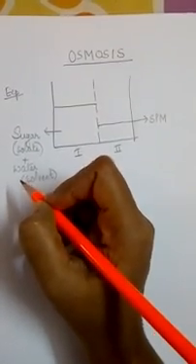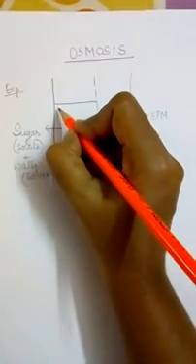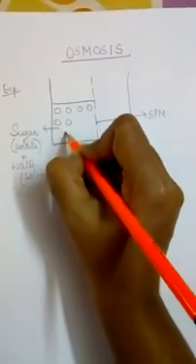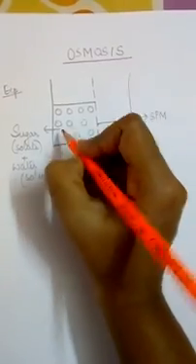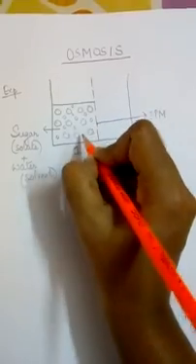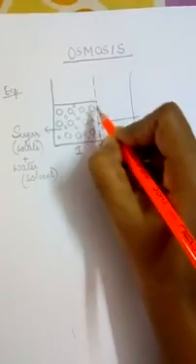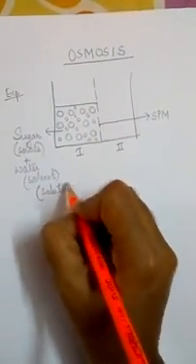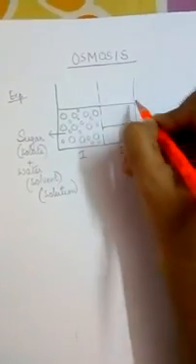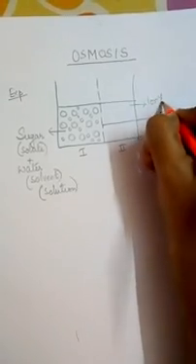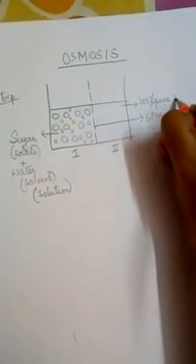Now over here I am drawing the sugar molecules a little big and water molecules a little small. And the second chamber, instead of having a solution, will have simple water or 100% pure solvent.